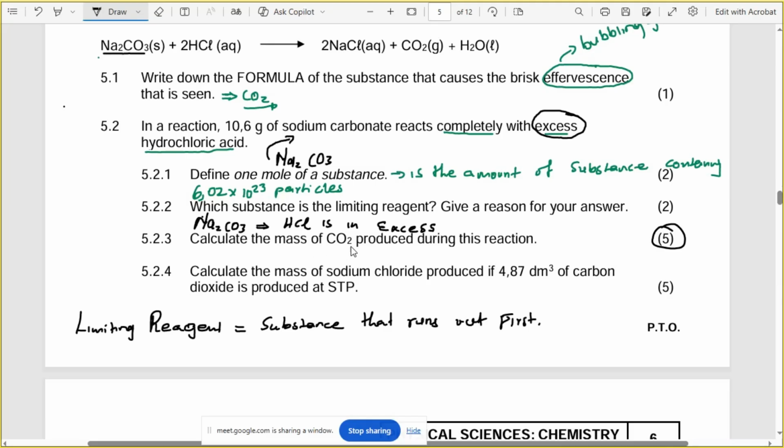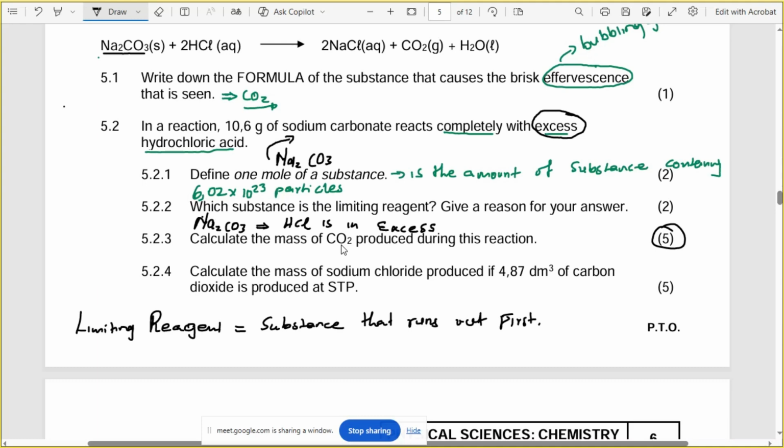For 5 marks, calculate the mass of CO2 produced during this reaction. For 5 marks, I need to take this one step by step. I know that we only have 5 minutes left, but I definitely have to take it step by step.